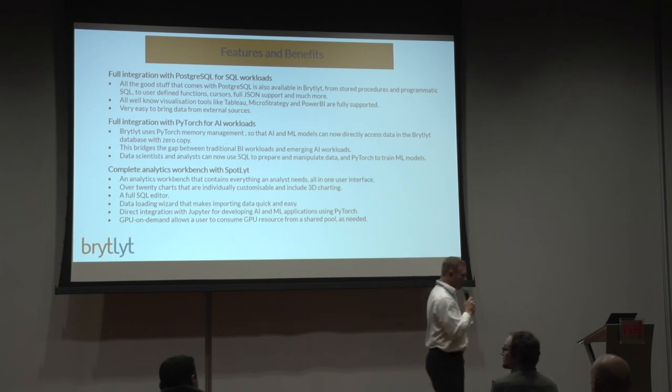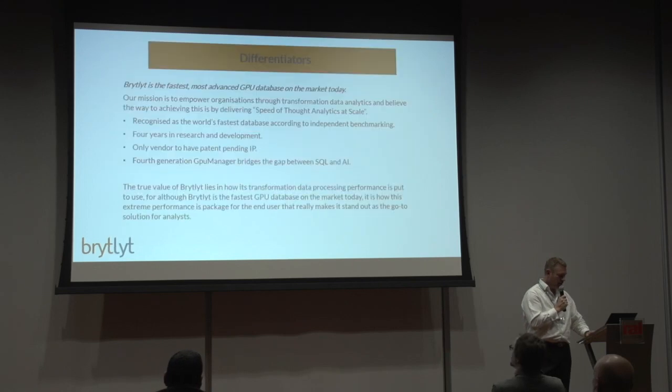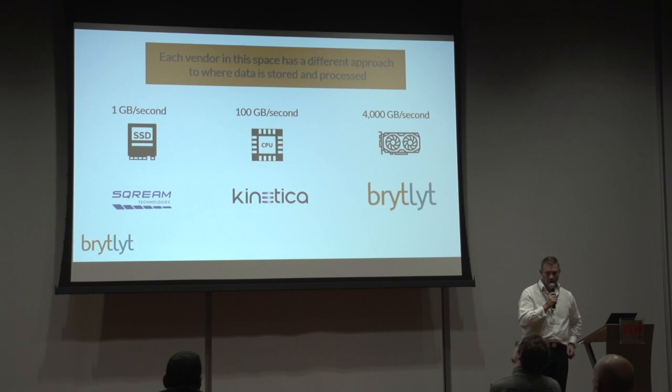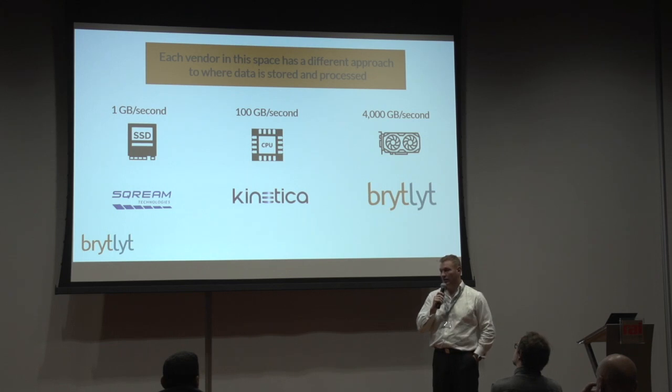Let me just get onto that slide. This one over here. When we talk about being able to read 4 terabytes a second, that's on a single Minsky or Power 9 machine with 4 GPUs. Each of those GPUs can read data at 1 terabyte a second. That's how we get that sort of throughput.